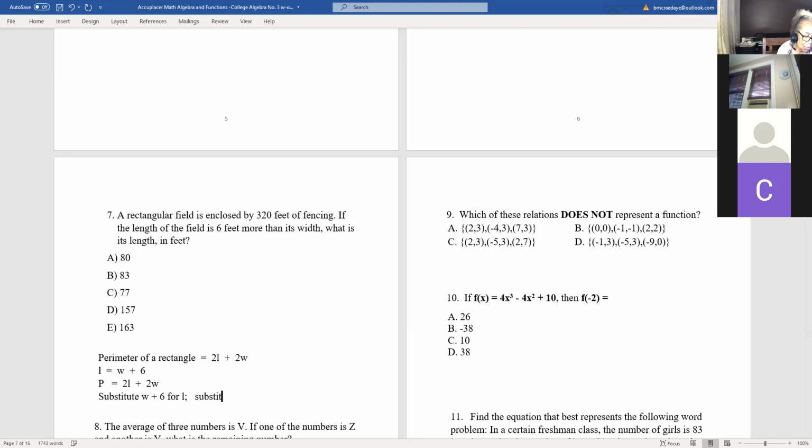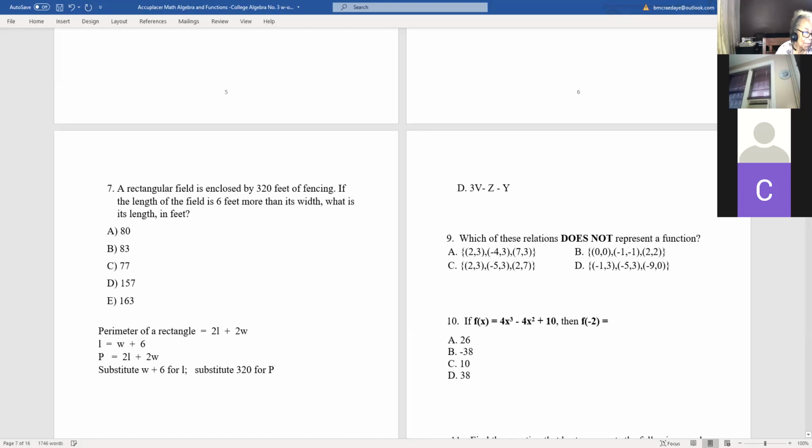Substitute 320 for P. Now, do that in this equation and tell me what you get.